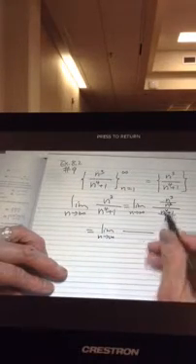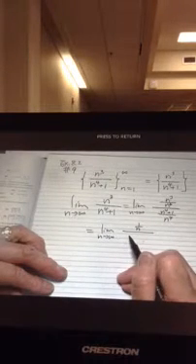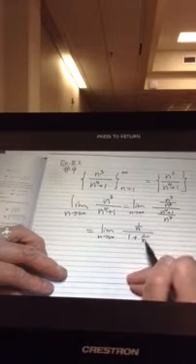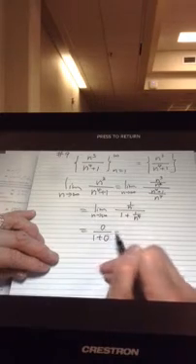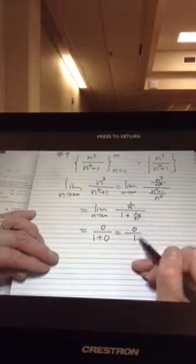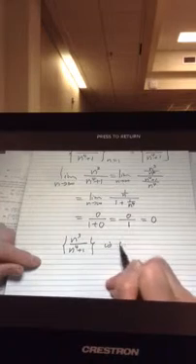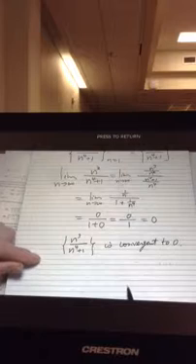So this will be 1 over n, and this is 1 plus 1 over n to the fourth. Now when n goes to infinity, this goes to 0, this goes to 0. So it's 0 over 1 plus 0, which is 0 over 1. 0 divided by 1 is 0. So the answer is yes, convergent. Therefore this sequence is convergent to 0.